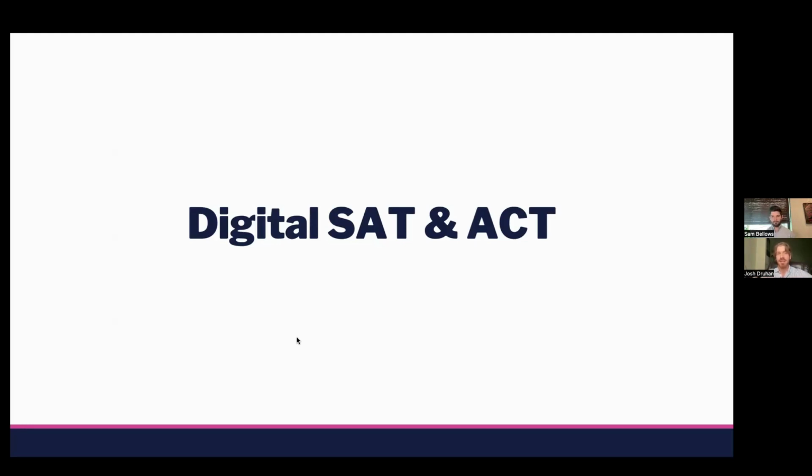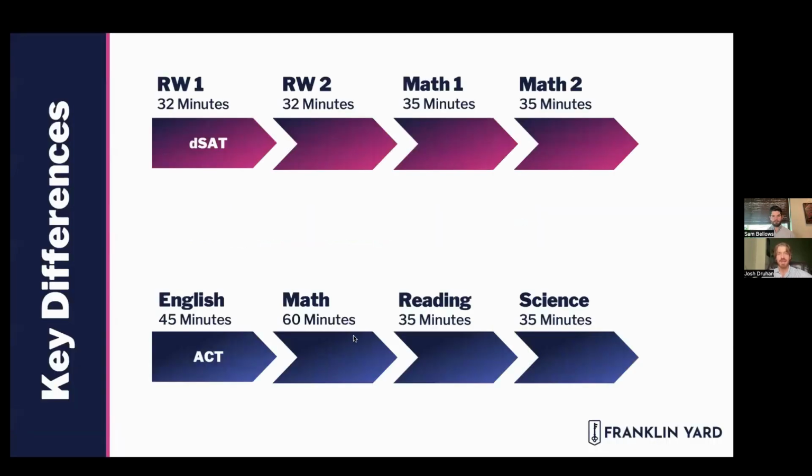So with that said, let's talk a little bit about DSAT, digital SAT, and ACT differences. As you can see here, on a high level, these standardized tests have a lot of similarities. Whether you test DSAT or ACT or paper SAT, you'll spend half of your test experience being tested on reading, effective writing, and grammar. And although question types and question presentation do vary somewhat, the rules and the skills tested are also largely the same.